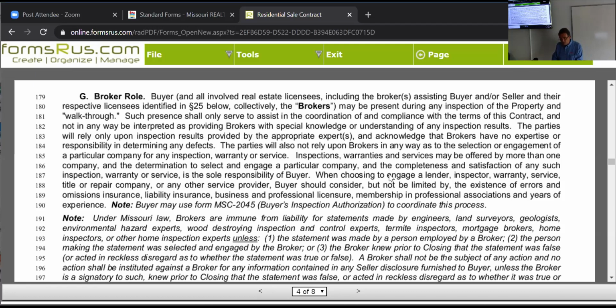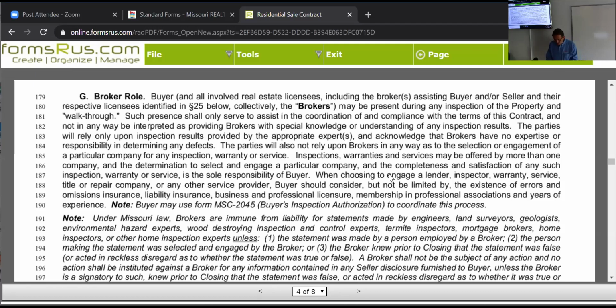We're engaging them to do it, but we're not hiring them. And so we're not responsible for what they say or what they do. So it's basically the lawyer saying, we're protecting you. You're not going to get in trouble, just as long as you don't say that you are the expert or that you go out and hire these people yourself to do these inspections.